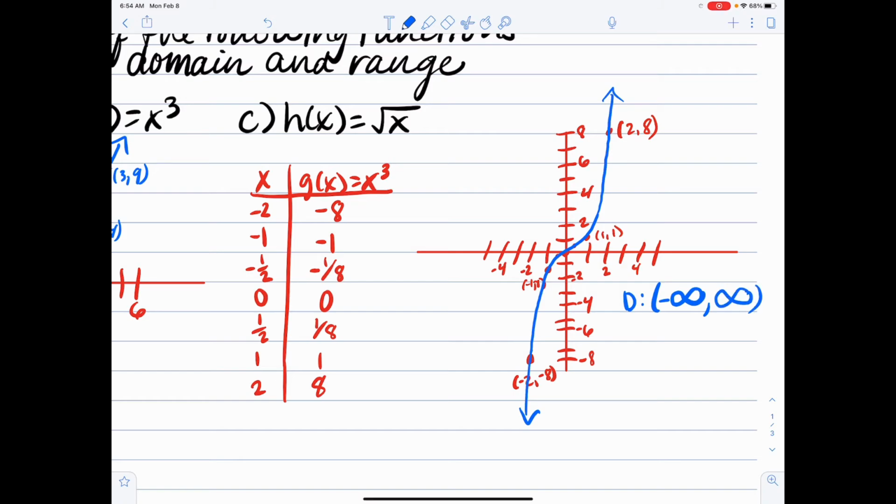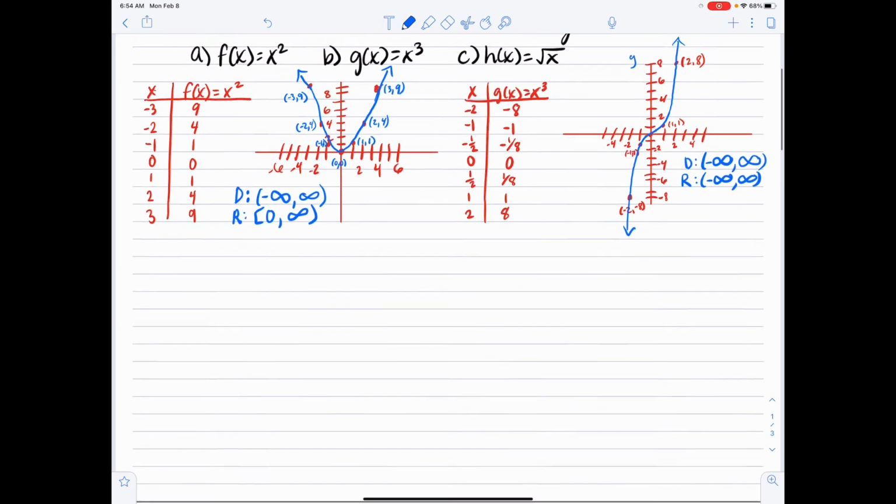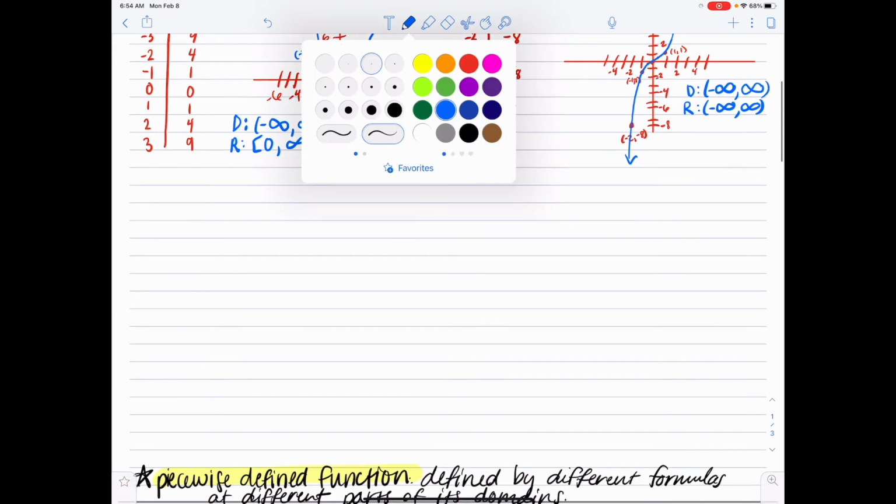And then the range, think about the y value, you actually also go down forever. It keeps continuing into the negatives, and it can continue into the positives forever. So actually the range is also all real numbers. Okay. All right, last one is C. h of x equals square root of x.